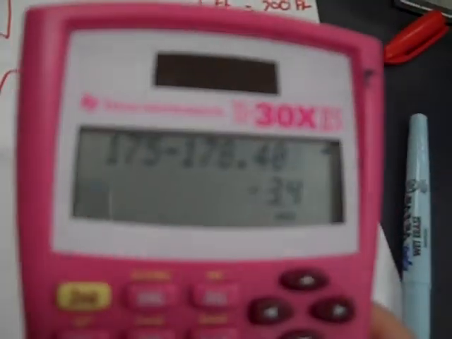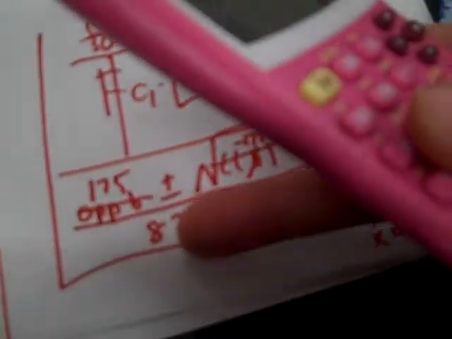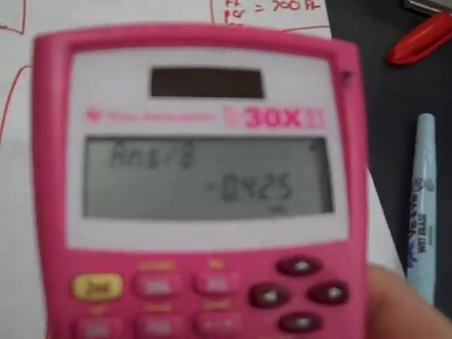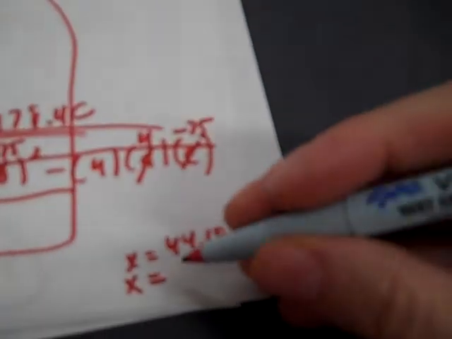Then I subtract 175 minus 178.40. Remember, do the subtraction first, then divide by 8. Negative 0.43. Okay, 44.18 is your seconds. You want to take the higher answer.